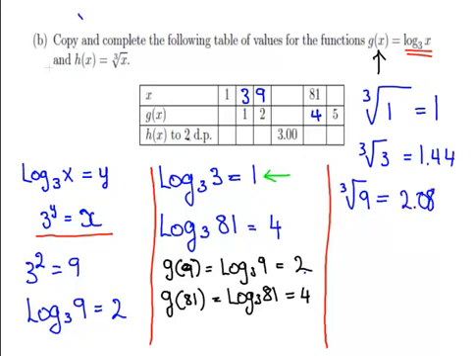It says right here, to 2 decimal places. That's what 2 decimal places means. And so on. Now, I'll finally do one more, the cube root of 81. And that is equal to 4.32.